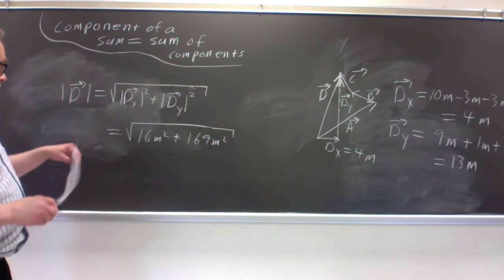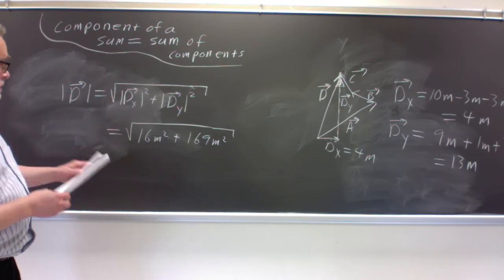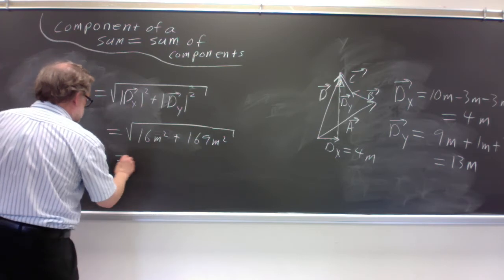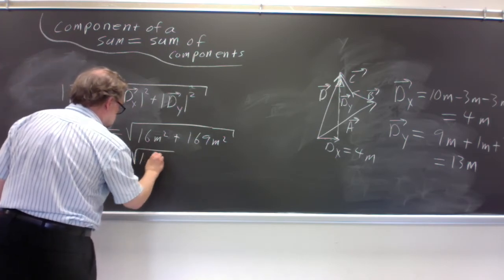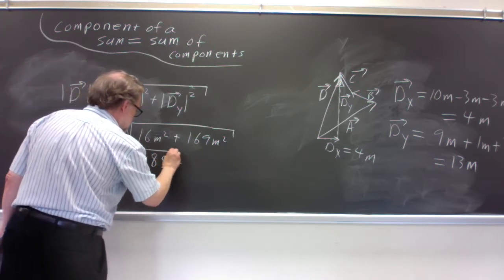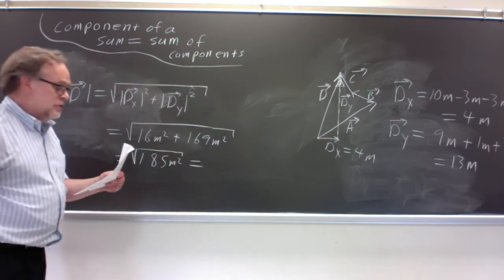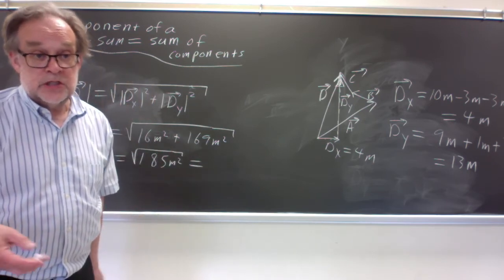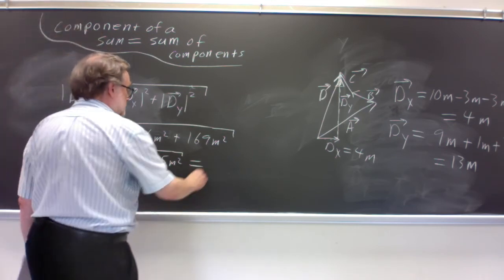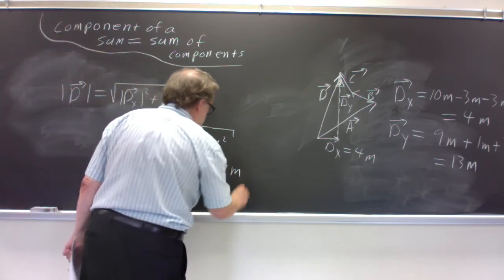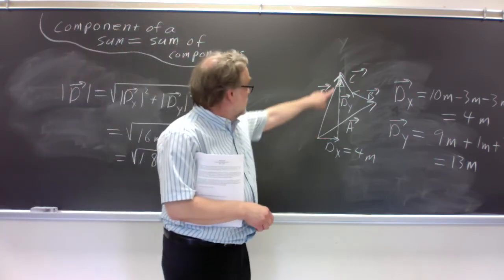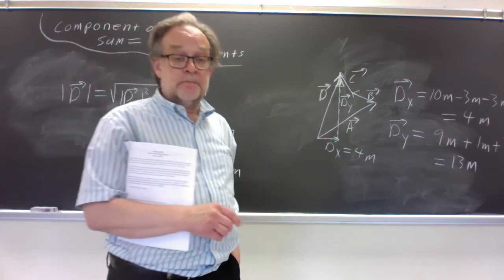So this comes out to 185 square meters. The square root of 185 square meters is about 13.6, rounded to 14 meters. So it's about 14 meters from this point to this point.